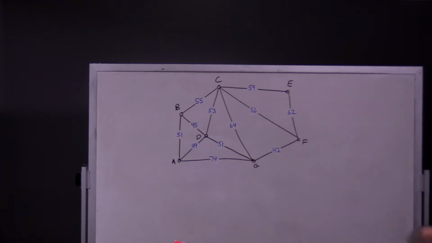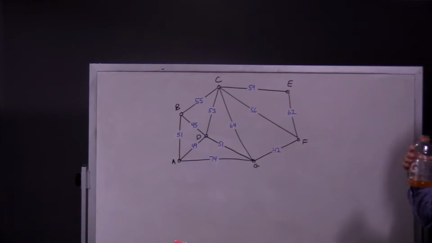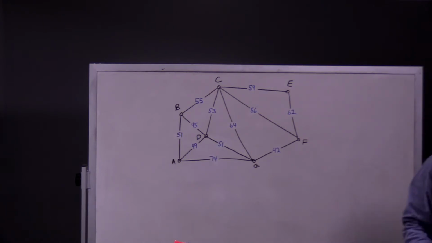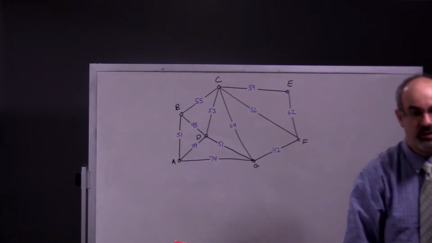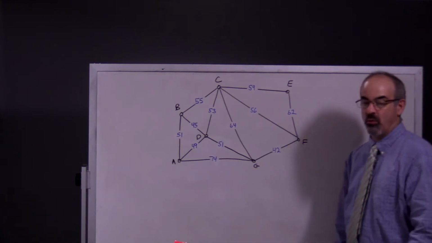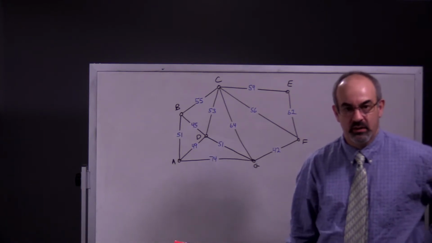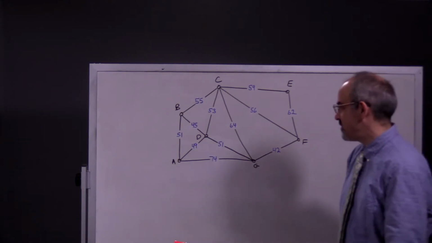So in other words, there's more than one tree. Also, we're not going to actually talk about minimizing and maximizing the tree yet, but it could also be the case that there's more than one minimum spanning tree and more than one maximum spanning tree.